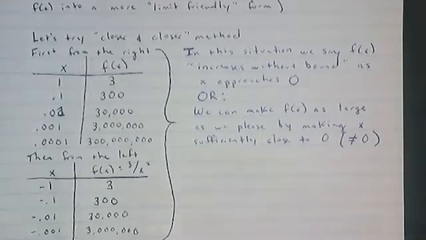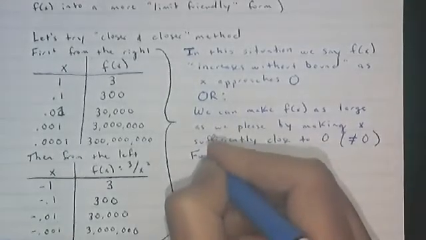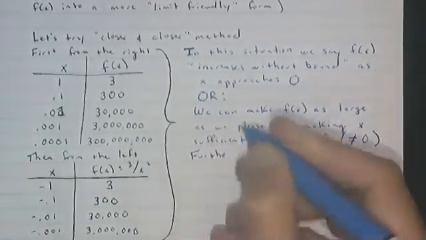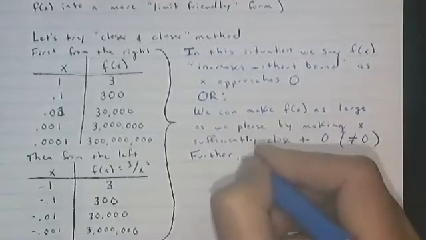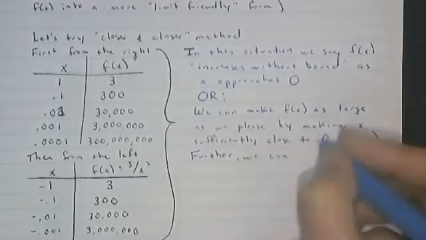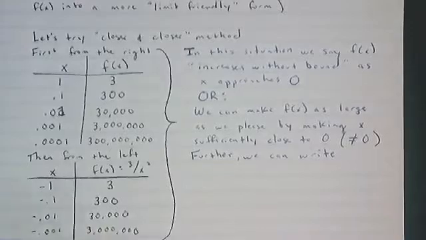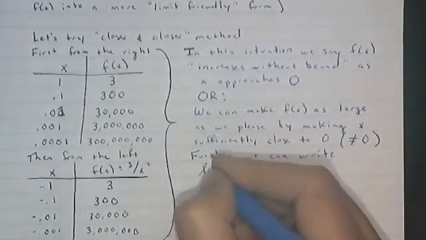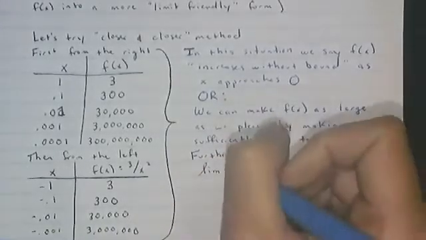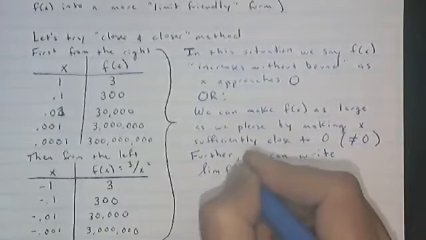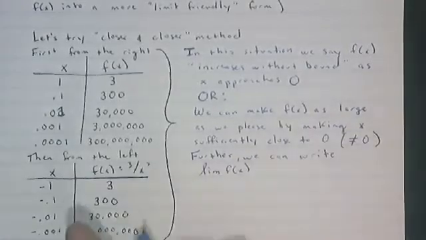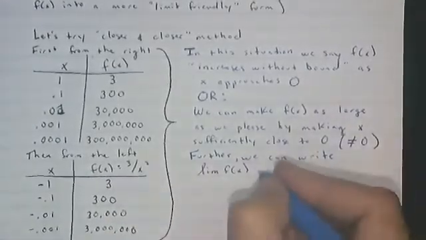Furthermore, notationally, we can write the following 3 statements. I'm going to write this first and then say it, and kind of model for you how I never want you to say it.